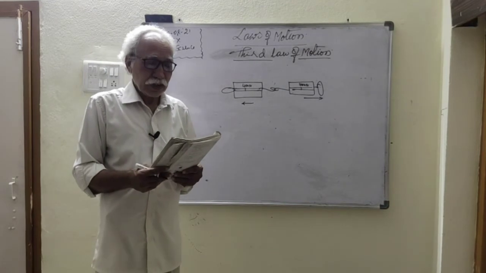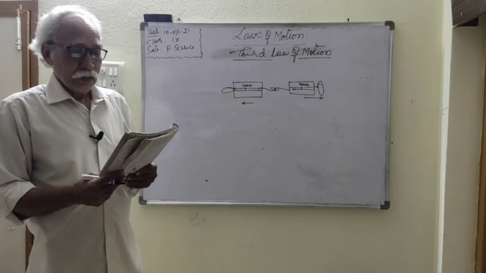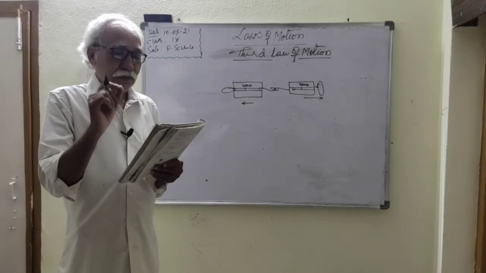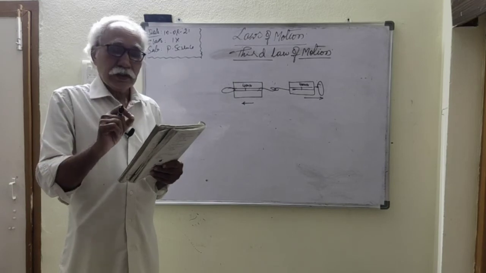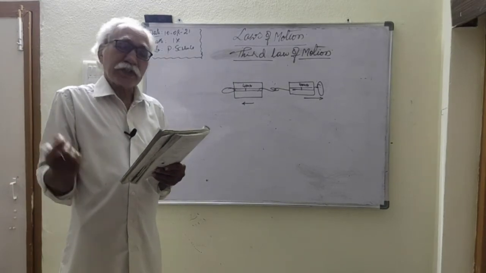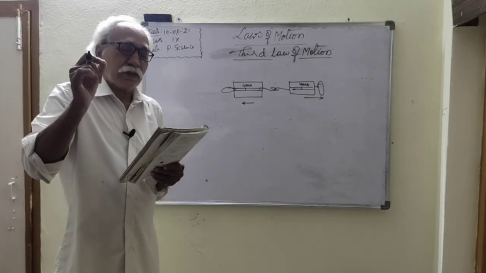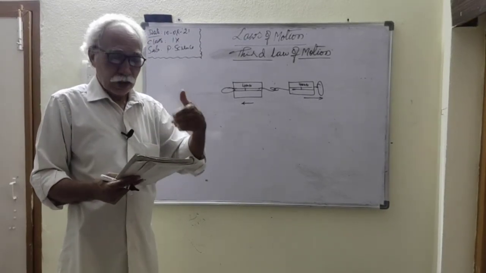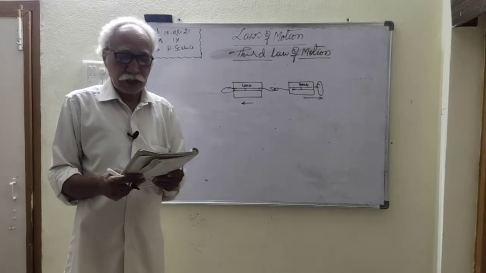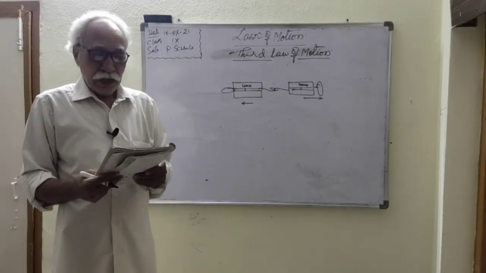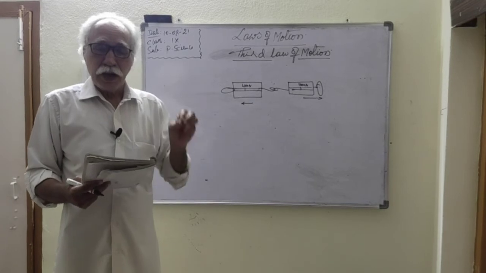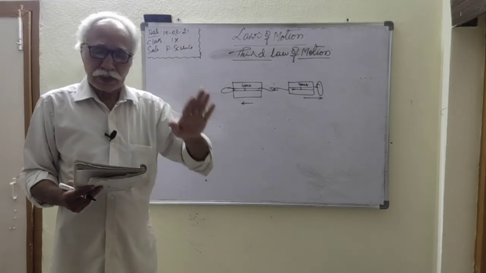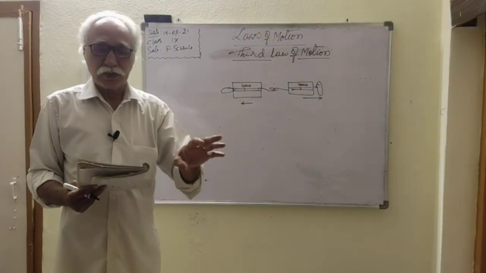So Newton's third law explains that when an object exerts force on another object, the other object also exerts the same magnitude of force on the first object. Suppose we are walking on the ground. At each step our feet apply some force on the ground, which is called action force.